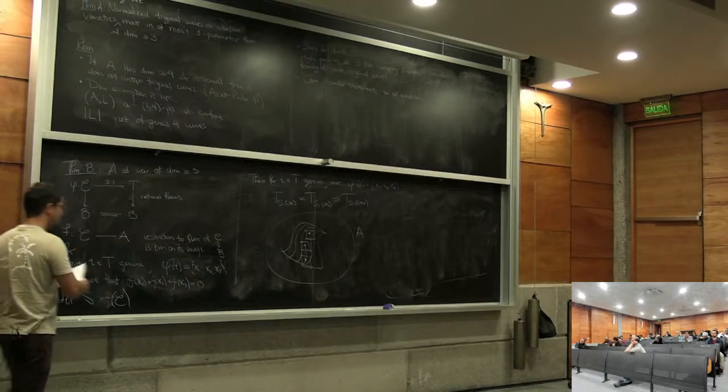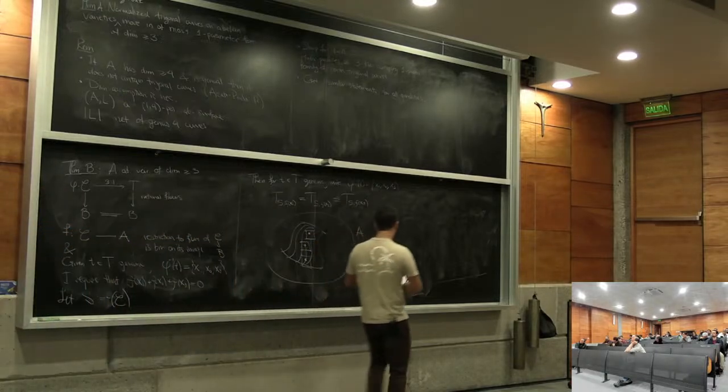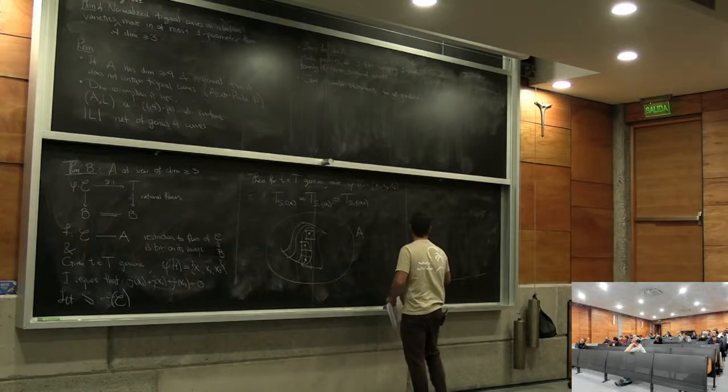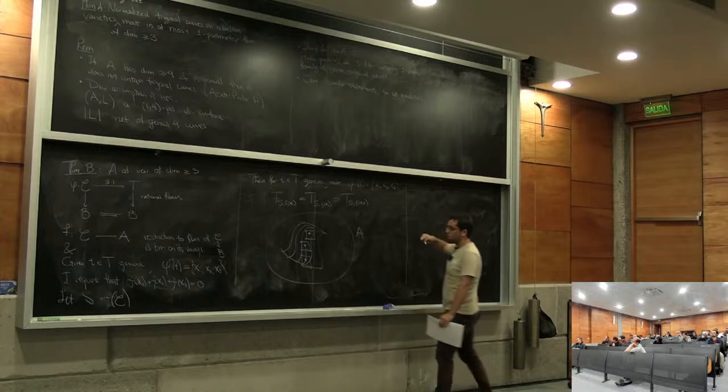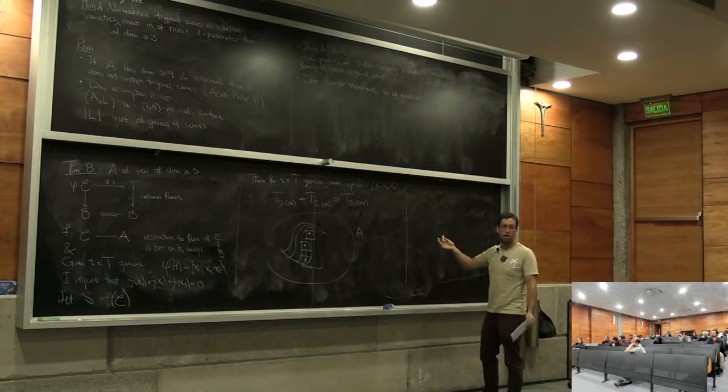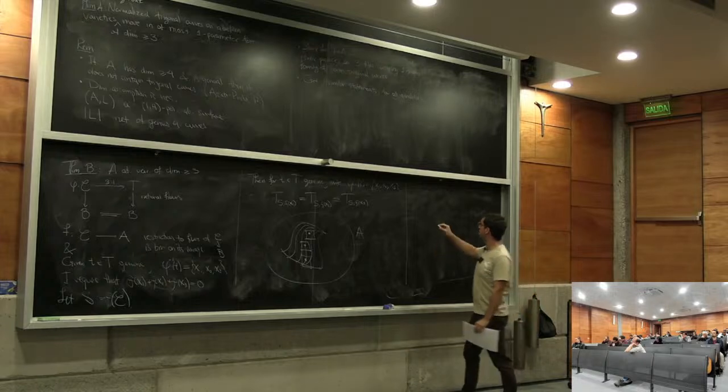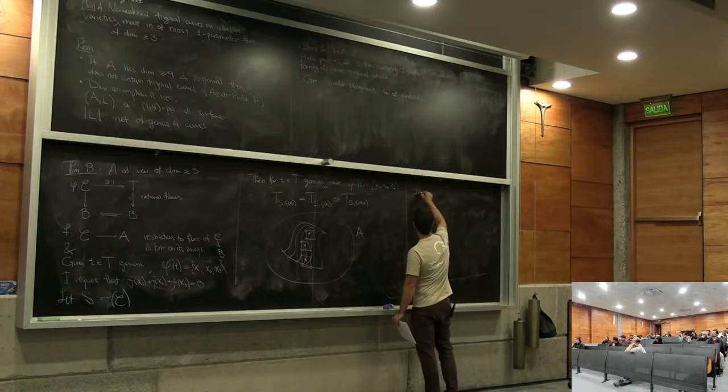So maybe before I change, I'll just say a word about the proof. I'm not really going to prove it, of course, but the proof is not hard at all. So, sketch of proof.